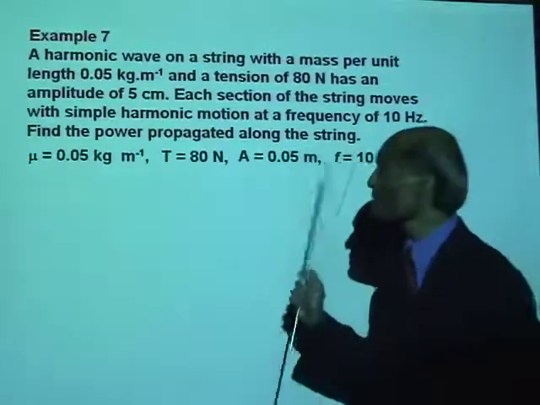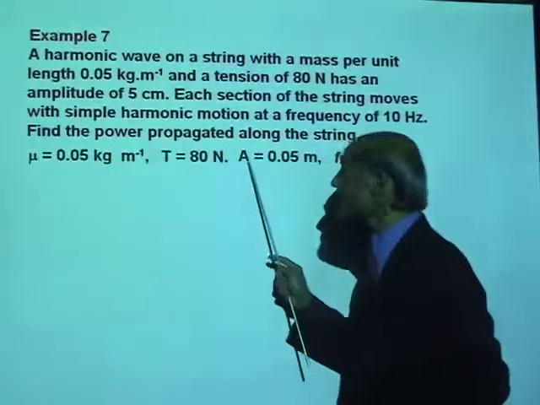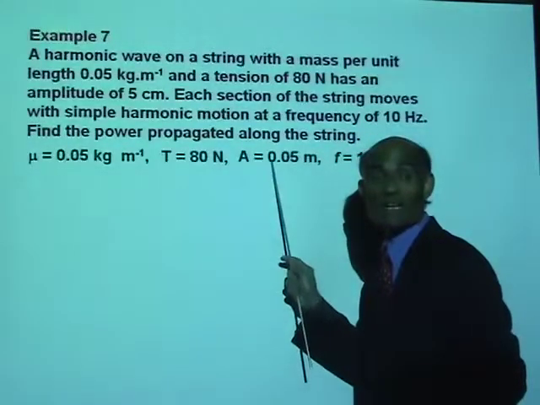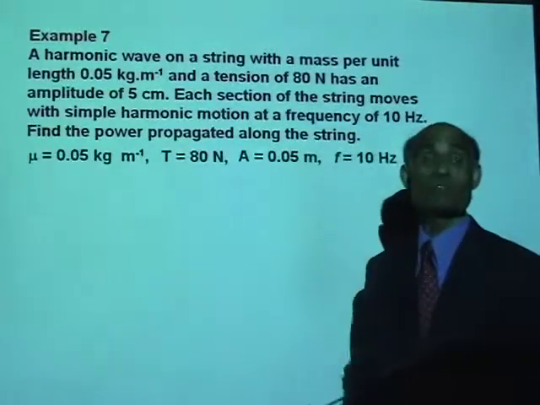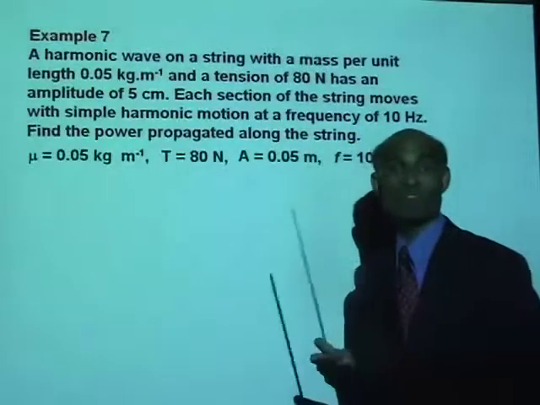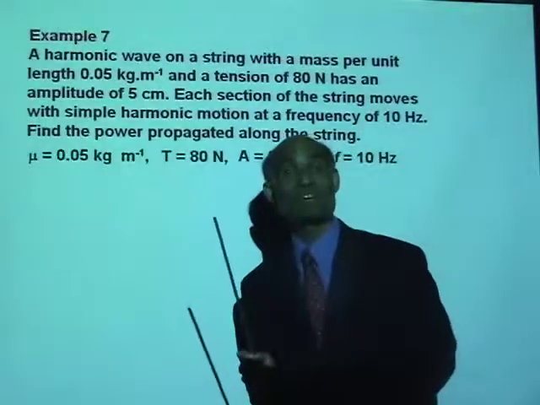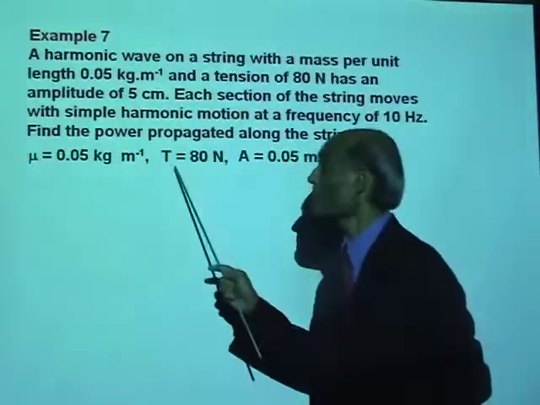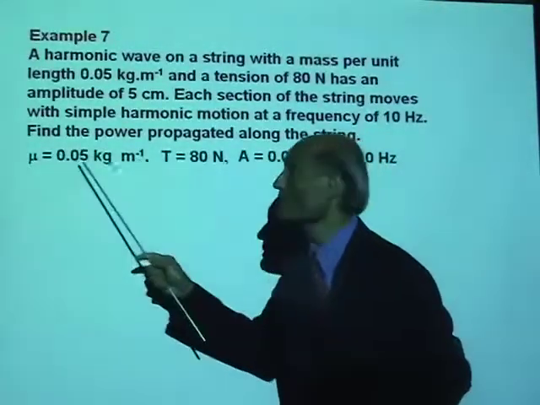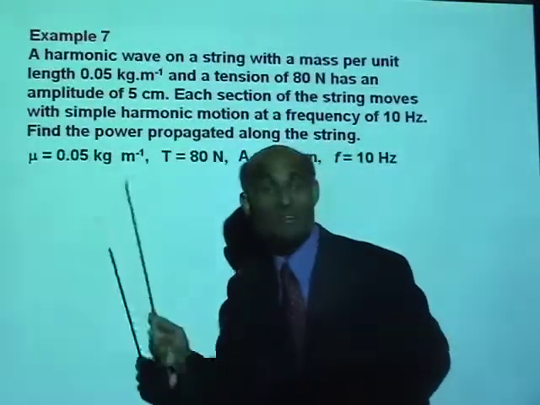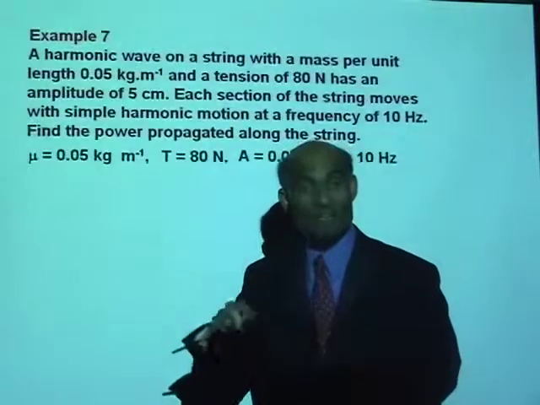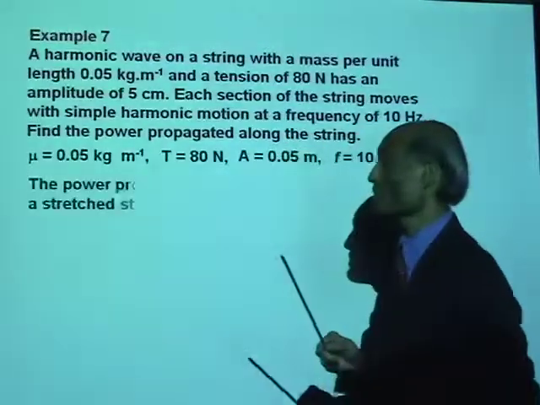Alright, omega squared, a squared, you know a, times v, the speed. We now need to find the speed. Now, how do we find the speed of a transverse wave on the string? If you know the tension and you know the mass per unit length, you can calculate the speed. Now look at that, we can find all those quantities.